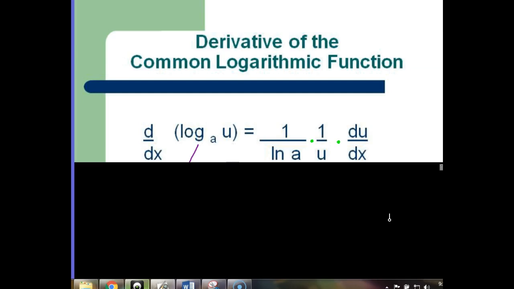Yesterday, we talked about how you could transform log base a of u equals y, or instead of a u, it was just an x, into another formula. So do we remember what the other formula was? This becomes the same thing as a to the u, because the y equals u.